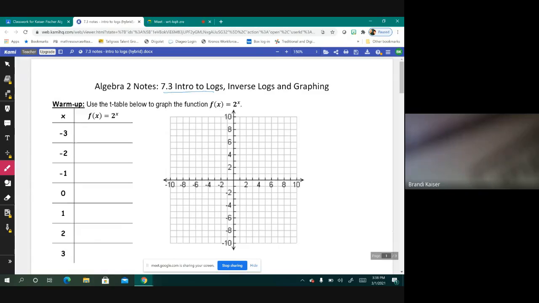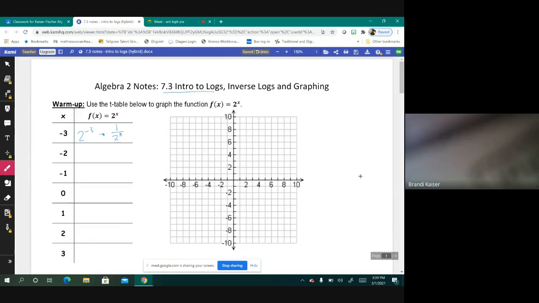So for this first one, this is a -3, so it's 2 to the -3 power. If we simplify that, you do have to remember some exponent rules here. Your exponent rule for negative exponents, your value should turn into a fraction. It's going to make your number really small, so this becomes 1 over 2 to the third.